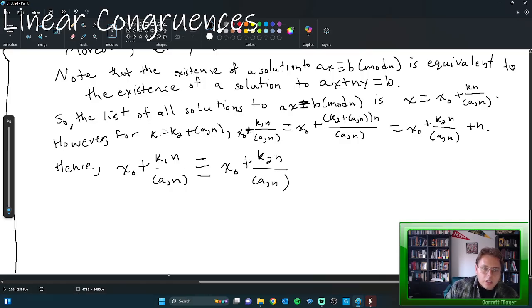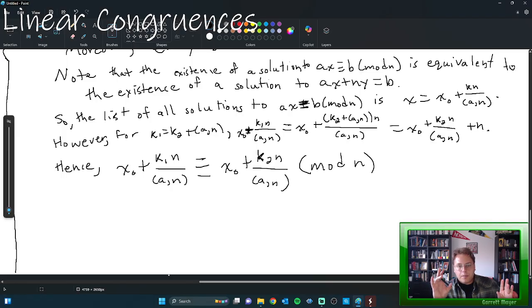So if these k's differ by GCD of a and n, you're going to start repeating solutions, basically, is the main point of this argument here. So using that, we can limit the k's that we use just to the list from 0 through the GCD of a and n minus 1, because once we get to GCD of a and n, you're just repeating solutions.